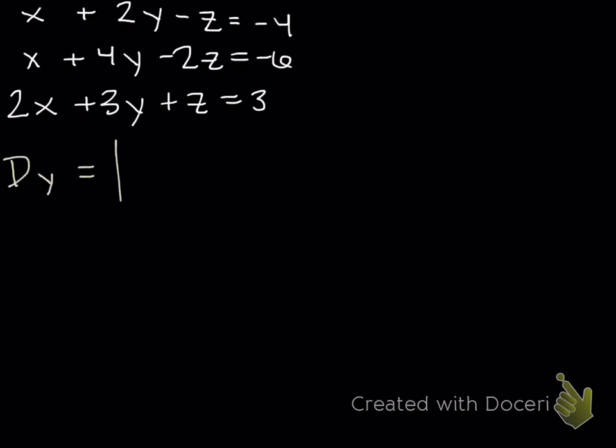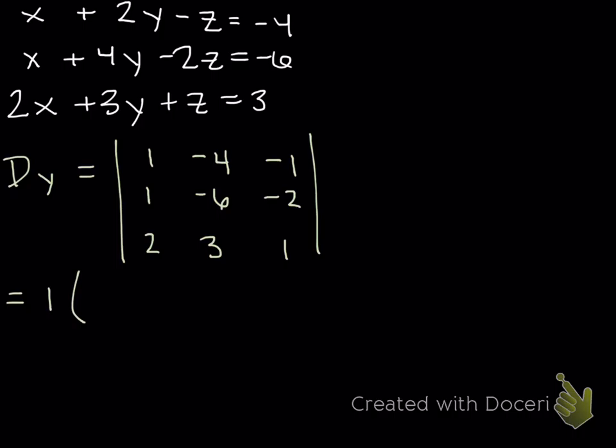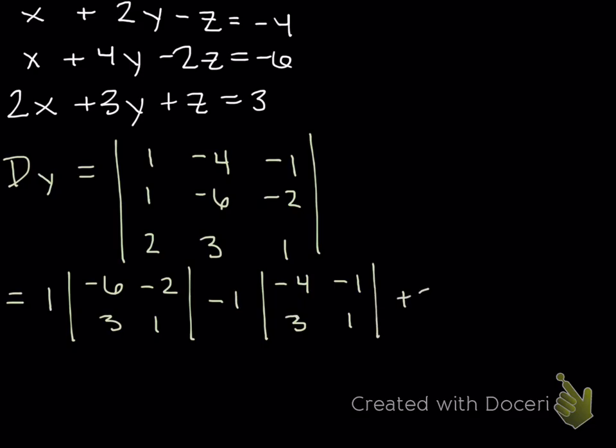So my dy matrix, I keep my x values, put the answers in the y spot, and now I have my x values. So I keep the sign, and my 2x2 is going to be -6, -2, 3, 1, minus, because it's the opposite sign, -4, -1, 3, 1, and then the same sign, so plus 2, -4, -1, -6, -2.